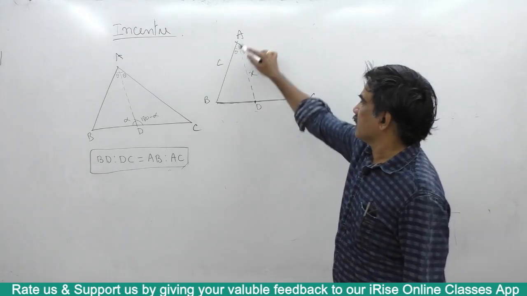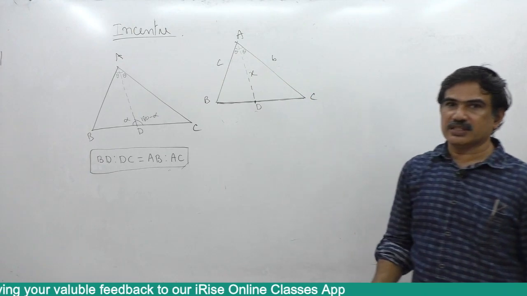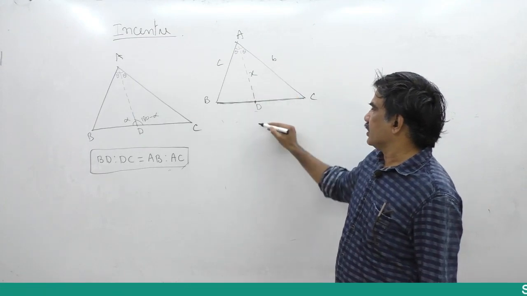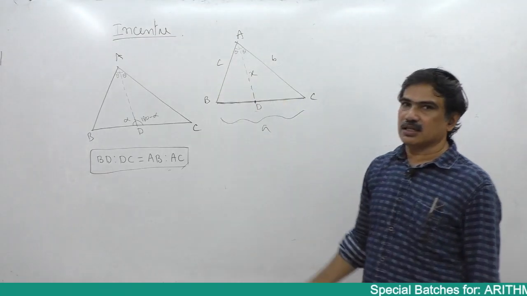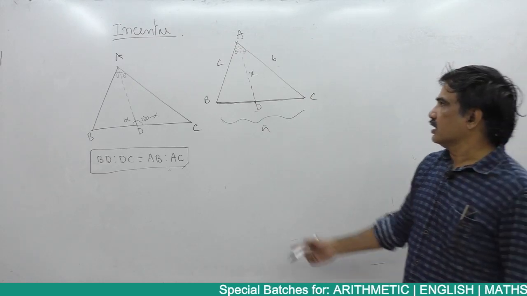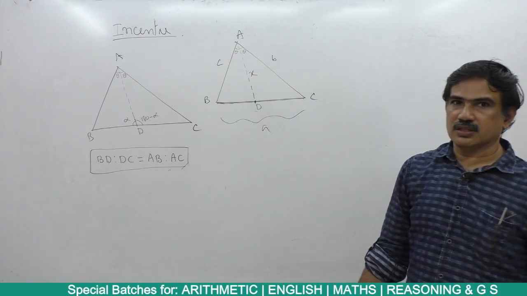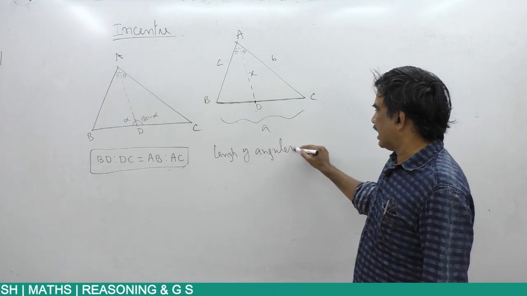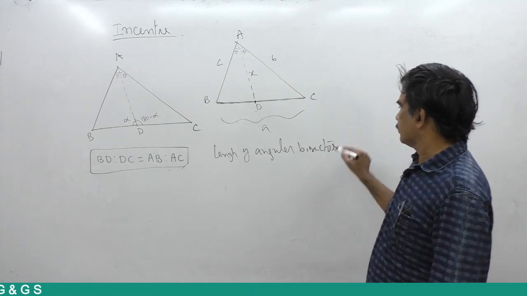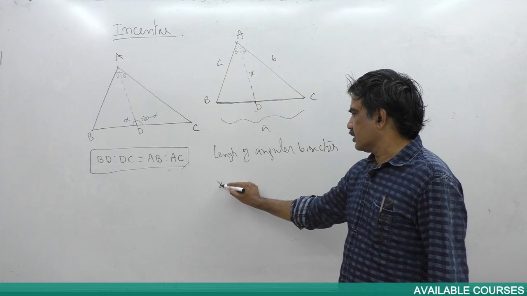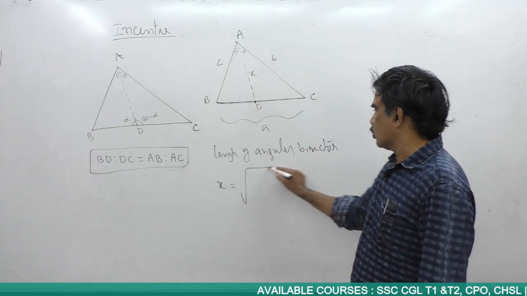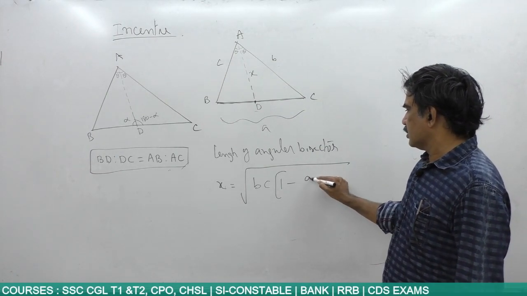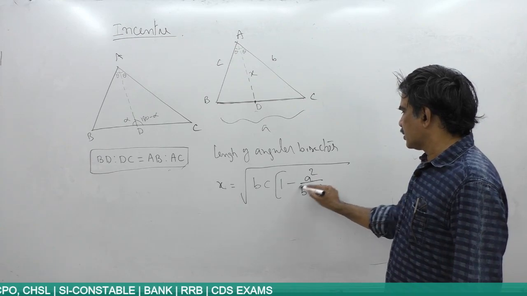Okay? In triangle ABC, if AD is the angular bisector, dividing the opposite side at D, and A, B, C are the three sides of the triangle, opposite to A, opposite to B, opposite to C, and the length of the angular bisector is x, then x is equal to under root of BC into 1 minus A square by B plus C whole square.